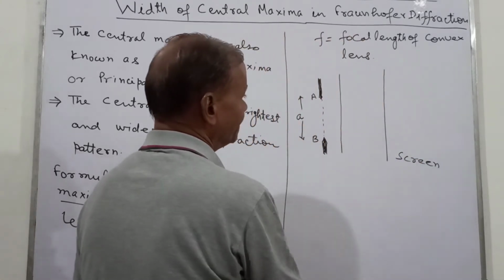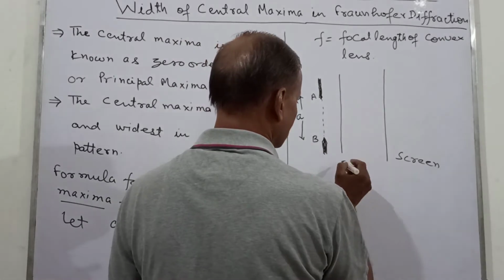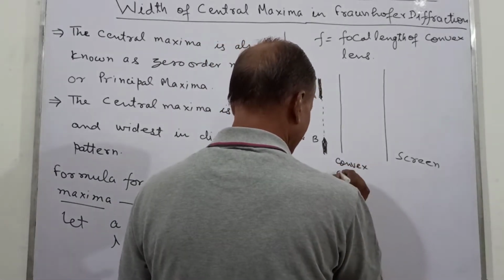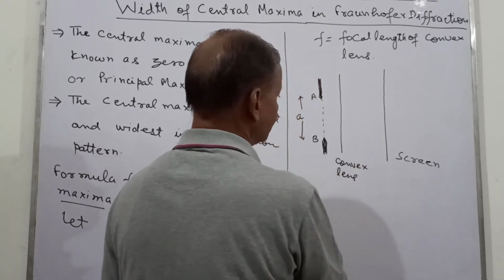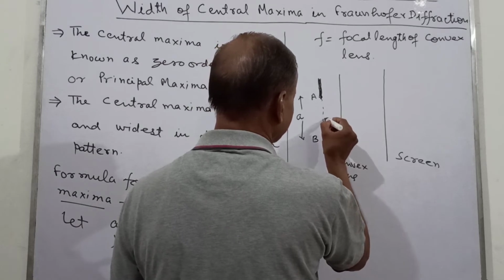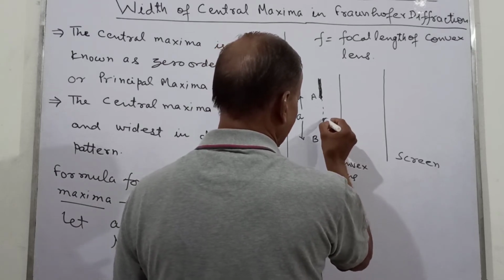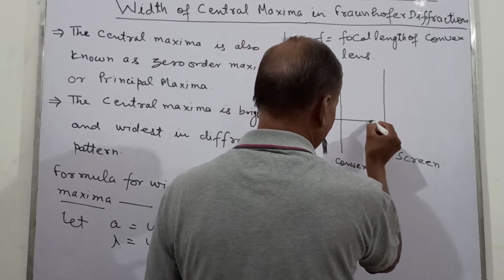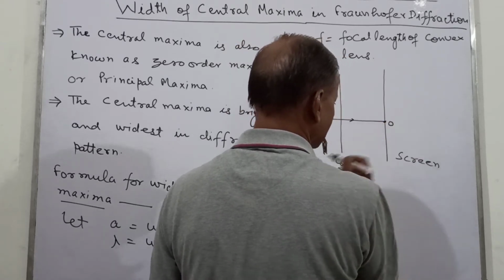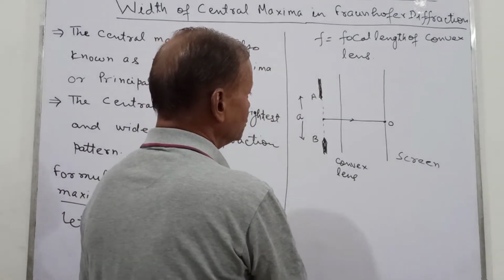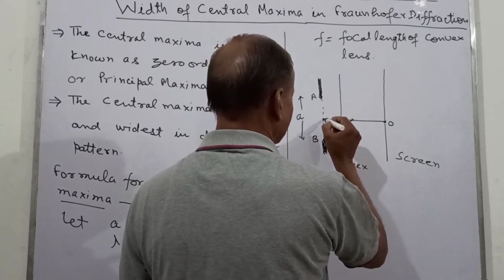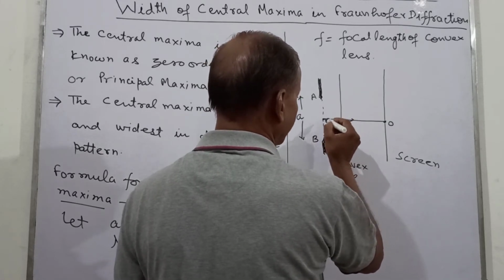This is the central part, and this light ray goes as such here. This is the point O, and this is the ray that is to be diffracted.